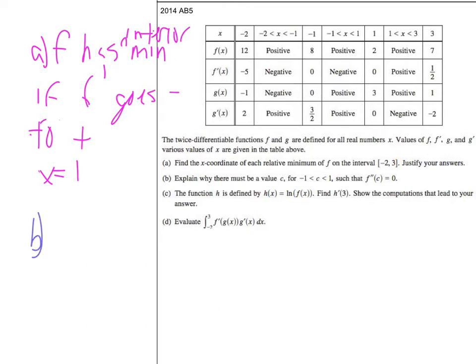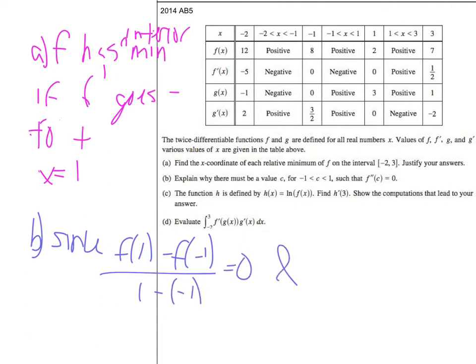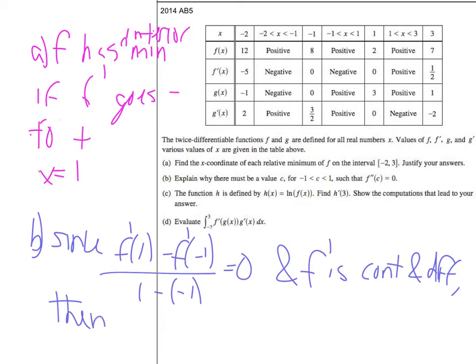Okay, so for B. And looking at the f prime values, since f of 1 minus f of negative 1 over 1 minus negative 1 equals 0, and f is continuous and differentiable, then f double prime of c equals 0 for some c in negative 1 to 1.